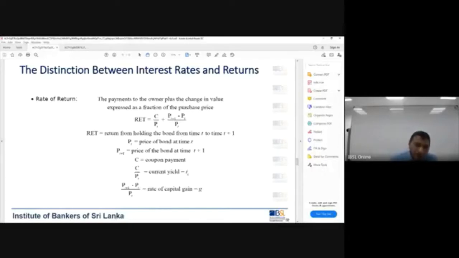So the investments that you make are for longer duration. Longer duration financial assets not only carry the interest or coupon driven return, but at the same time they have the price driven return.